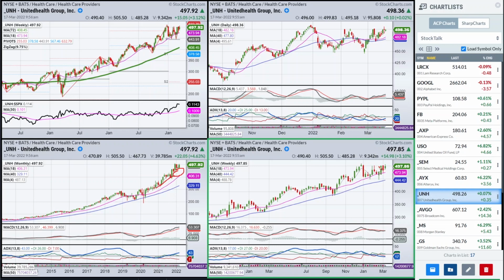So I'm not inclined to want to play this off the monthly and the weekly and play this breakout and have weekly risk. But I would be willing to do it off the weekly and use the daily, and then I can use daily risk, right? If this breaks out, it hasn't broken out yet.